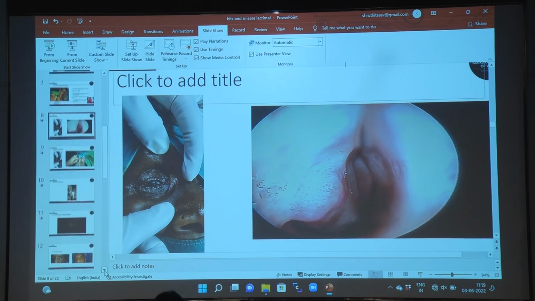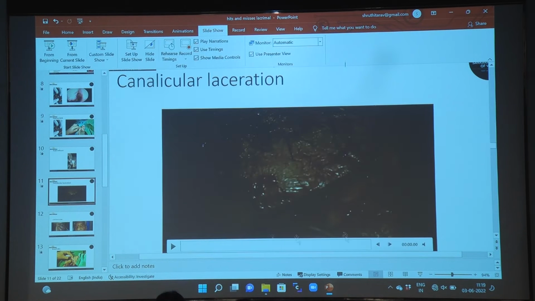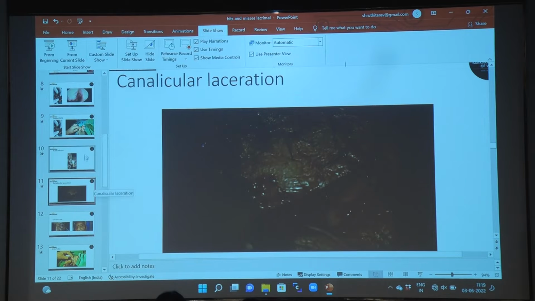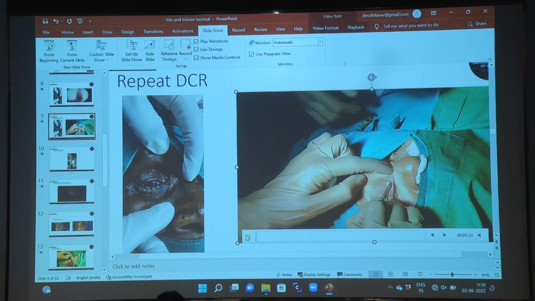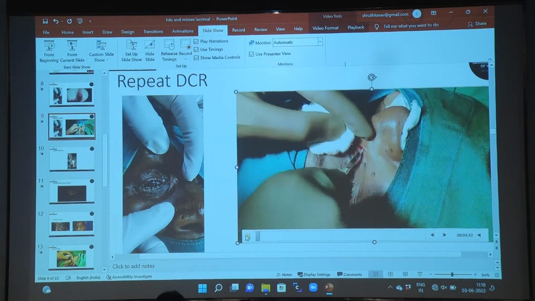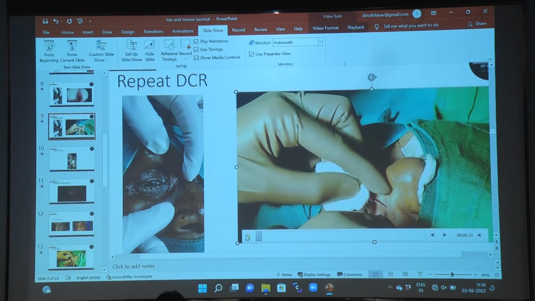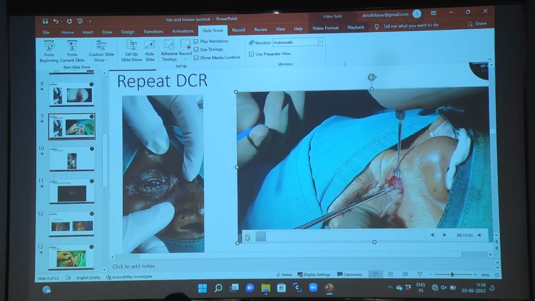So what is different in this DCR is an incision is made along the same scar area, and there could be a lot of bleeding, and you can encounter a lot of fibrosis.